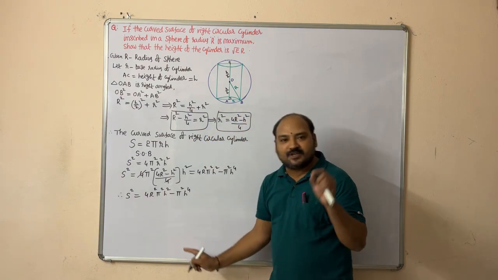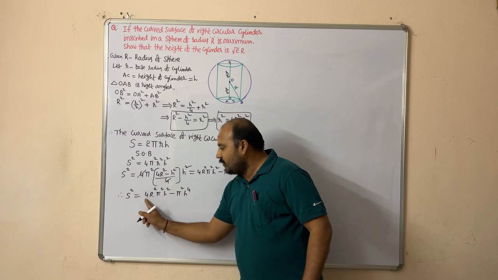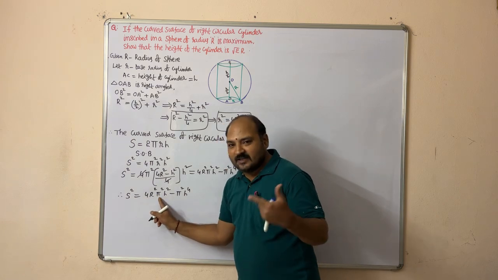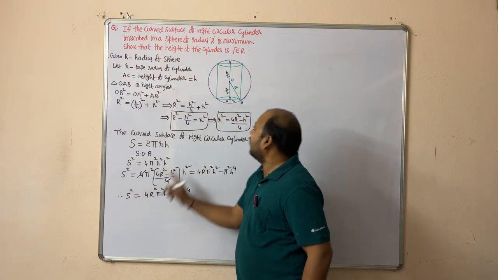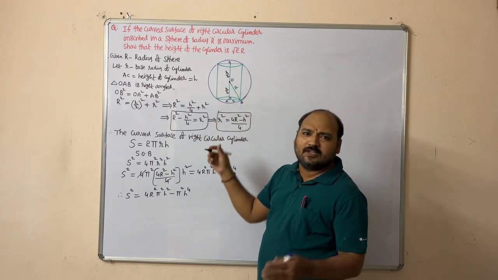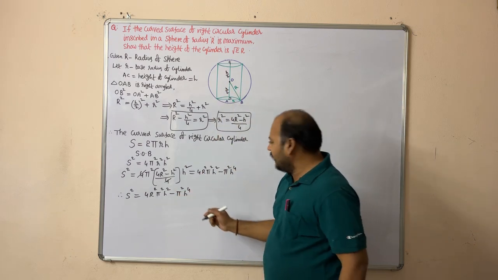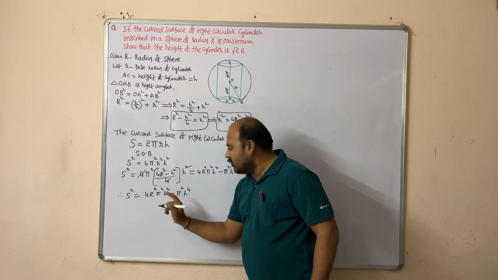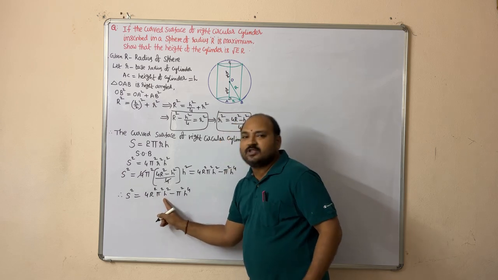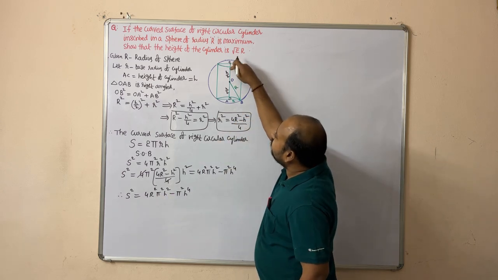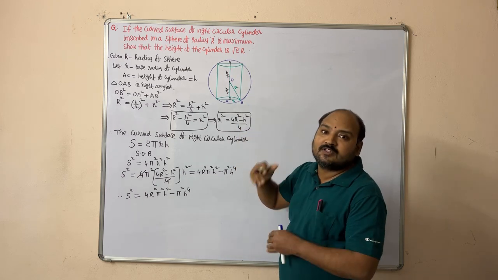Observe these terms, dear students. 4 is constant, pi square is anyway constant. Capital R is the radius of the sphere, so it also does not change anything. So these are the constant values. In these two terms, which one changes? The height of the cylinder changes.